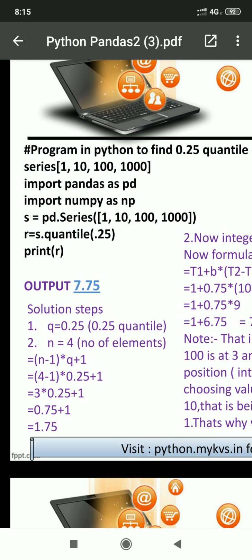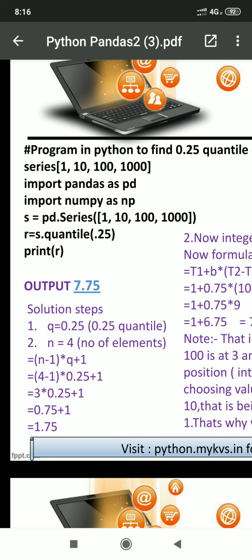Quantile here means quartile, because we are finding exactly at 25%, and the quartiles are 25, 50 and 75. It means dividing our numbers into 4 parts, and that's why we are trying to find the quartile. Okay, so quantile of 25%, how can we divide these numbers?